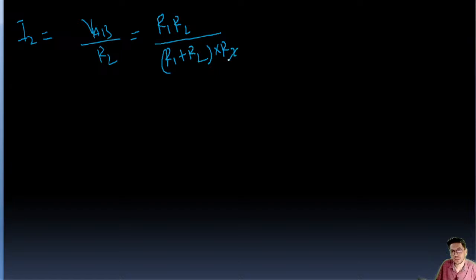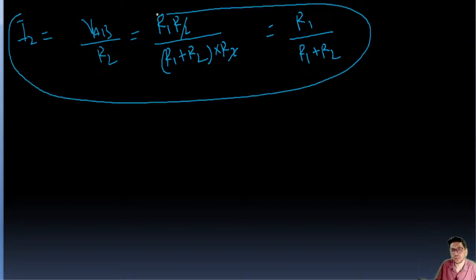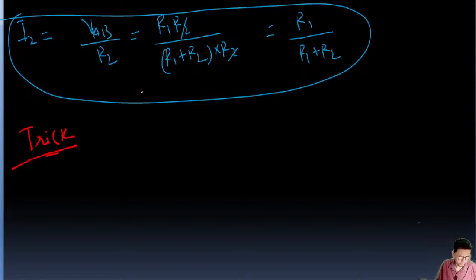R2 will get cancelled, so this is I R1 upon R1 plus R2. Important formula. I'll tell you the trick now, guys. It will be very easy. So I'm going to tell you the trick for the divider rule.